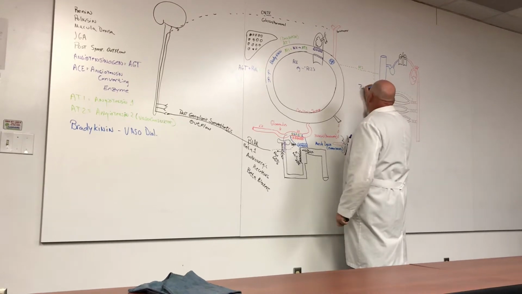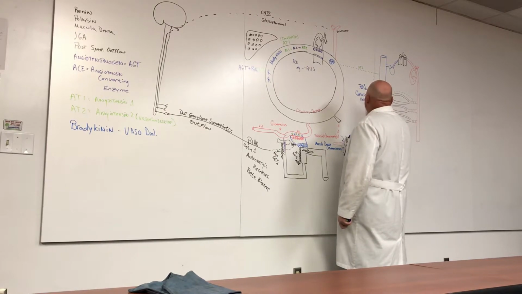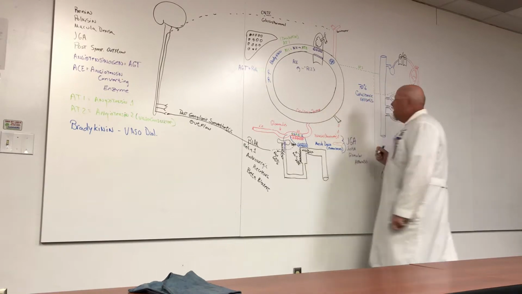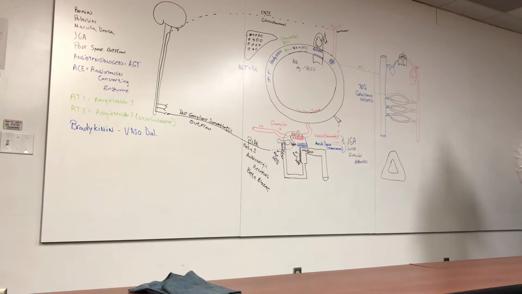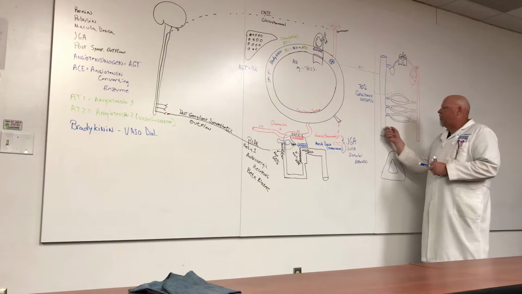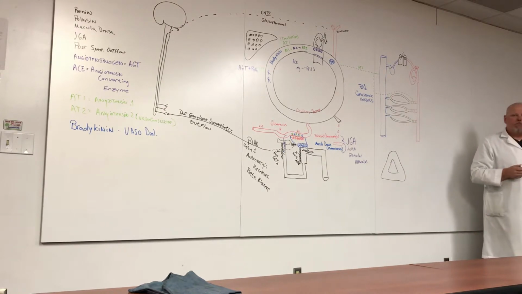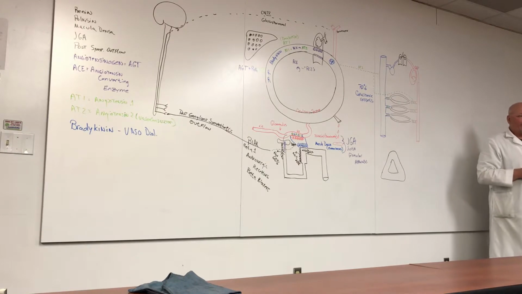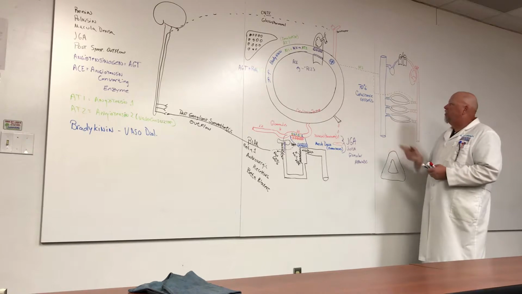Okay? All right, so angiotensin 2 then comes over to the venous system, which we call veins. Veins are what? Capacitance vessels. They store about 70% of our blood. And when angiotensin 2 reacts with the veins, it causes them to constrict, which forces the blood to do what?